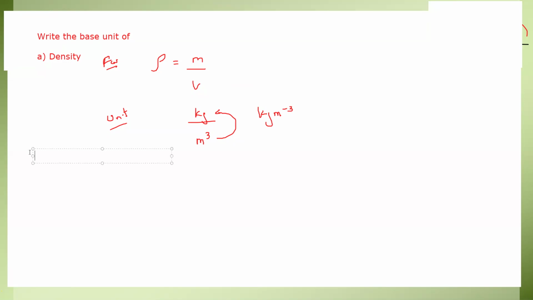Then another, what is the base unit for pressure?